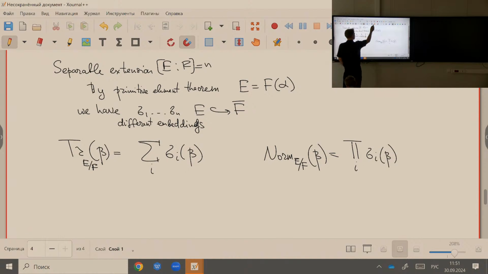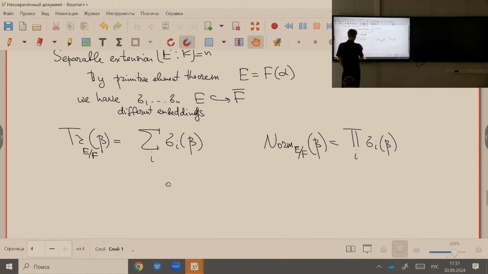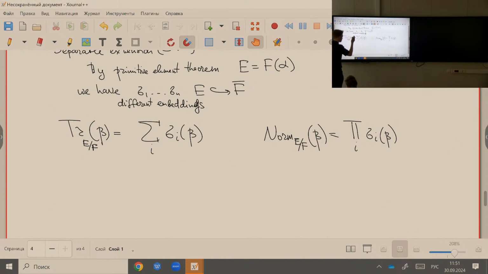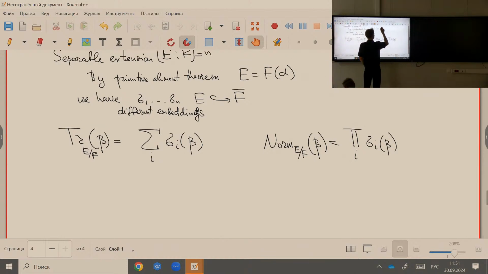How to prove this formula? It is based on the observation of what E is isomorphic to. Let f be the minimal polynomial of alpha, and alpha 1, ..., alpha n its different roots.